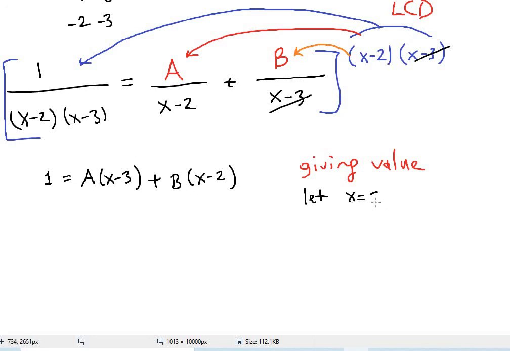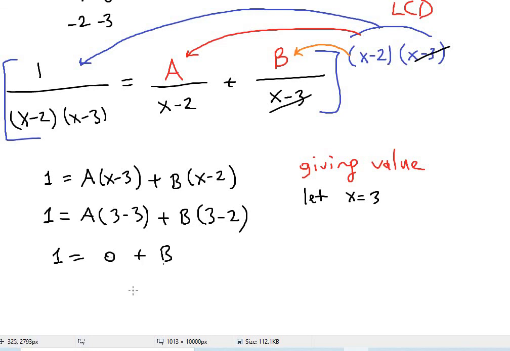Let's say x is 3. If x is 3, then 1 is equal to A times (3 minus 3) plus B times (3 minus 2). And if we simplify this, 1 is equal to 0, because A times 0 is 0, plus B. So in this equation we find that B is equal to 1.